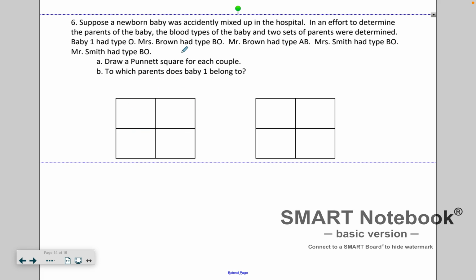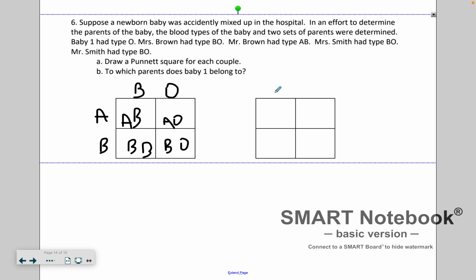So I'm going to use this Punnett square for the Browns. Mrs. Brown was BO. Mr. Brown was AB. So I'm going to fill in this Punnett square. So AB, here's BB, here's AO, and here's BO.